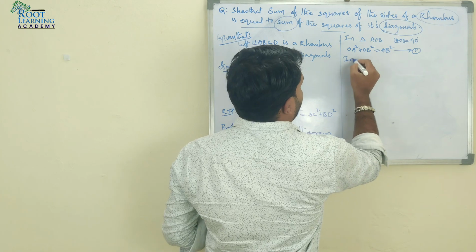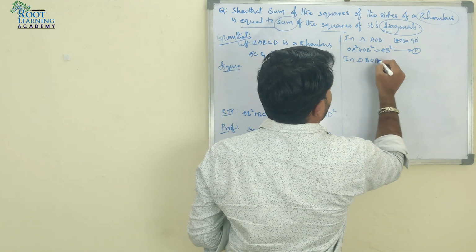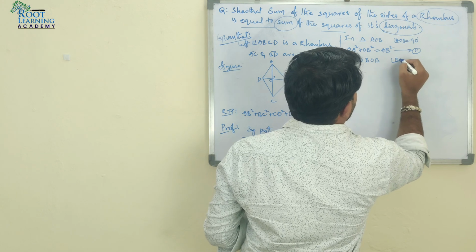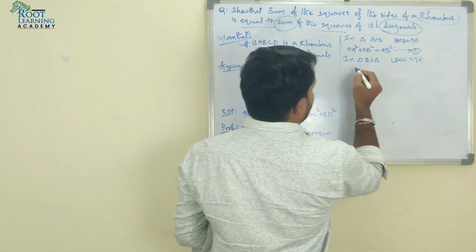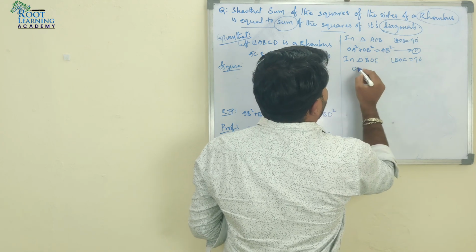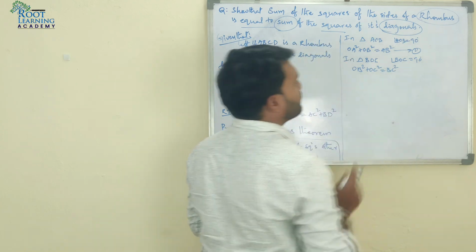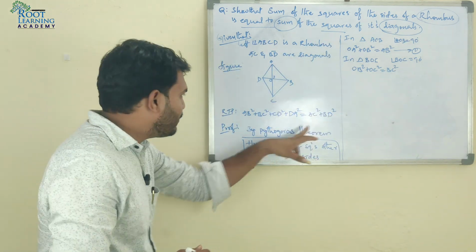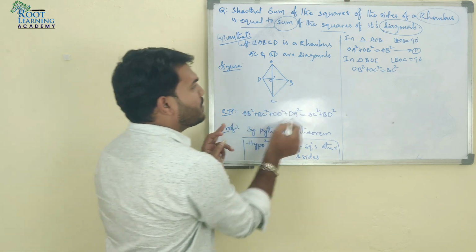Second, in triangle BOC, angle BOC is equal to 90 degrees. So OB square plus OC square is equal to BC square. Why are we taking this? What do we prove? AB square plus BC square plus CD square plus DA square, right? That's what we are finding here.